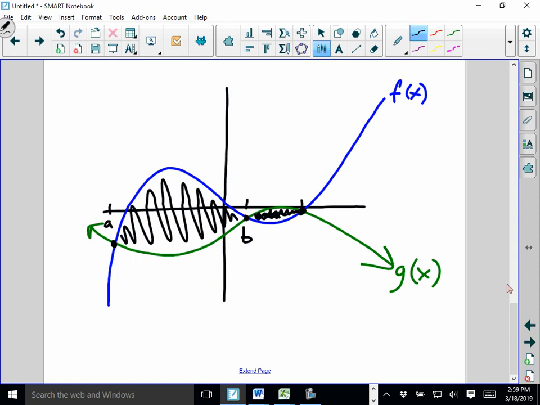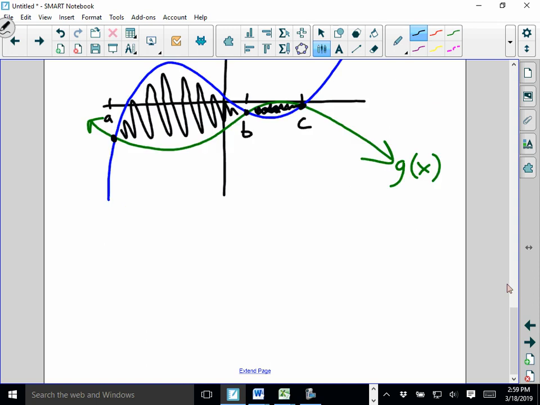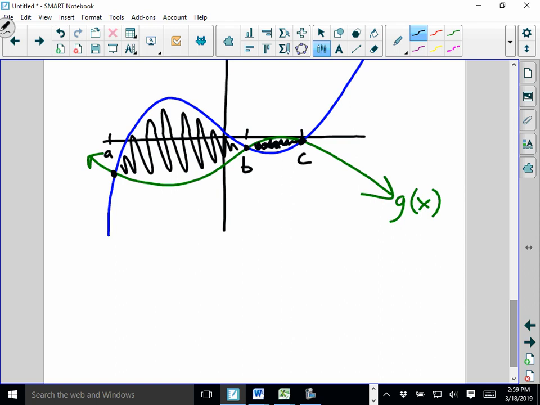Now I can solve this in two ways. Now remember, blue here is f, green is g. So I could find this area by doing the integral from a to b of f of x minus g of x dx.